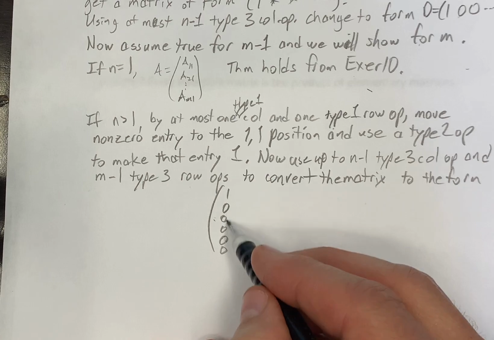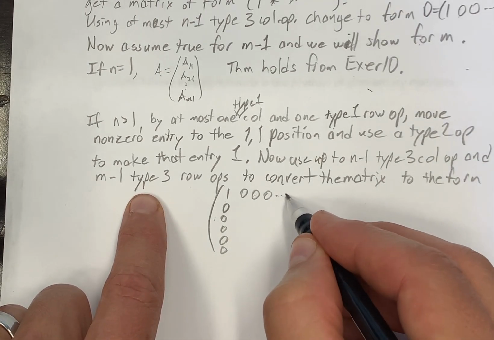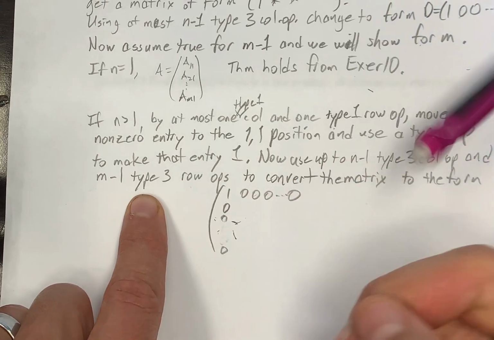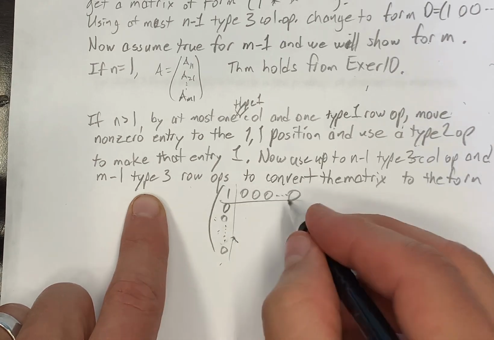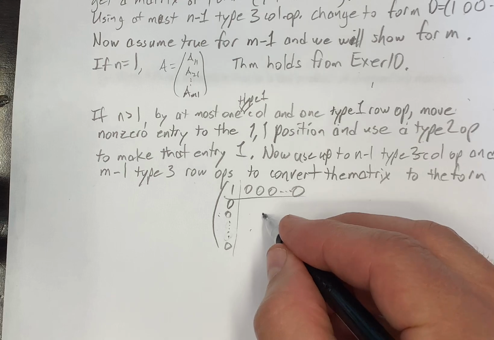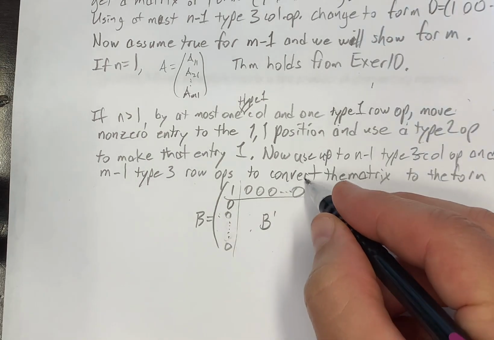Those are what the type 3 row operations are going to do. I should put dots here just to be clear. We have no idea how big this is. And then we have some matrix here. Let us call it B prime. So if this is B, this is B prime.